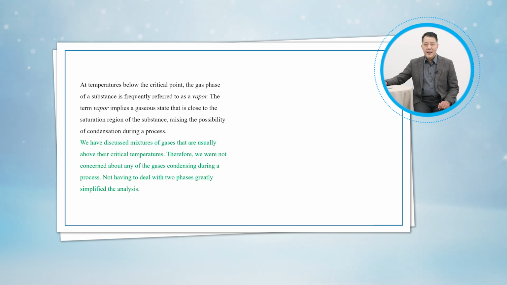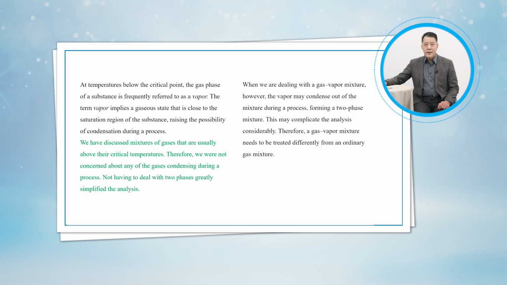We have discussed mixtures of gases that are usually above their critical temperatures. Therefore, we were not concerned about any of the gases condensing during a process. Not having to deal with two phases greatly simplified the analysis. Then we are dealing with a gas-vapor mixture.